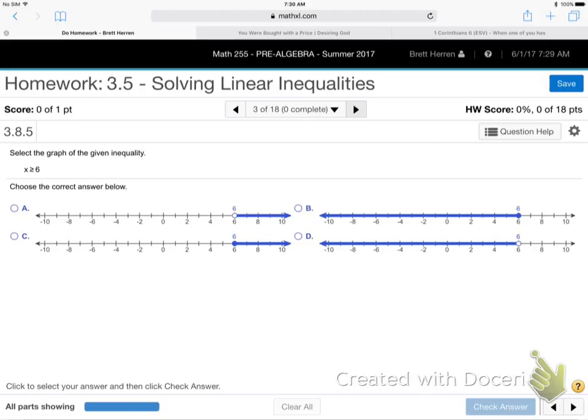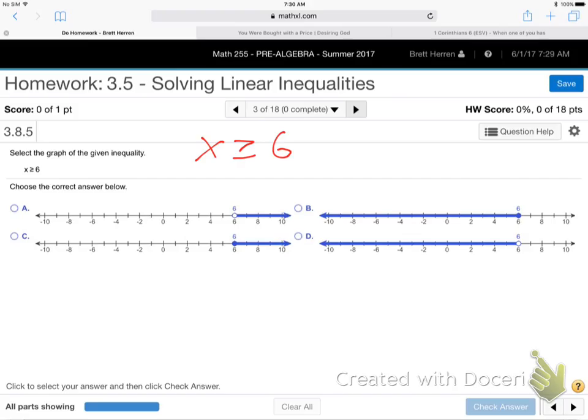All right, so there's number 3. See if you can figure out which of those 4, A, B, C, or D, goes with that symbol. So the shading represents the X. Where is the shading?